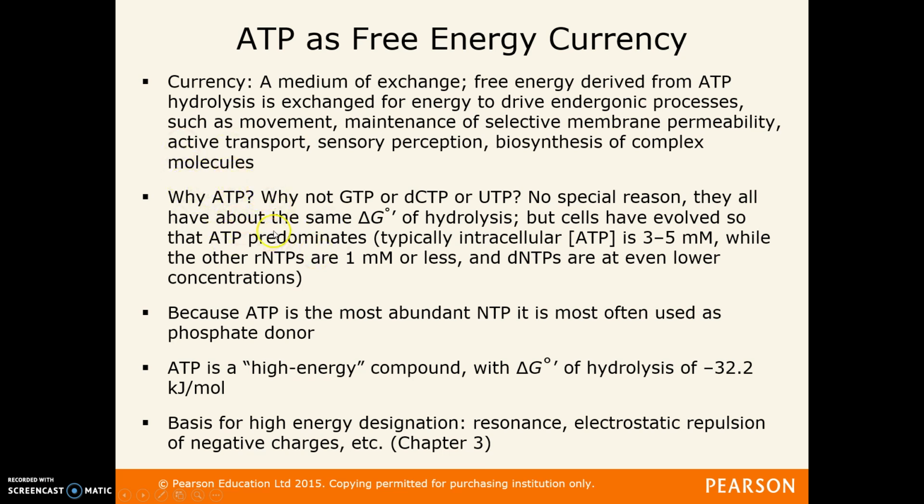Having a bunch of ATP around is not going to cause those issues. And we'll go into more detail about that later on. Again, a lot of that energy comes from the large amount of electrostatic repulsion of the negative charges, but also has a lot to do with entropy.